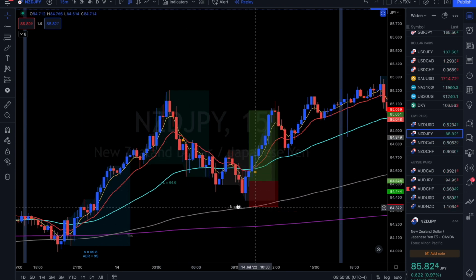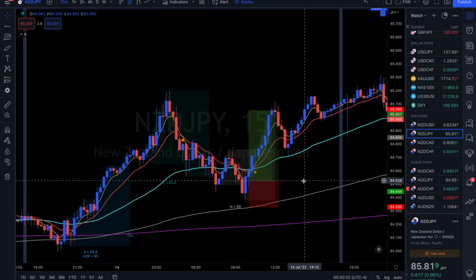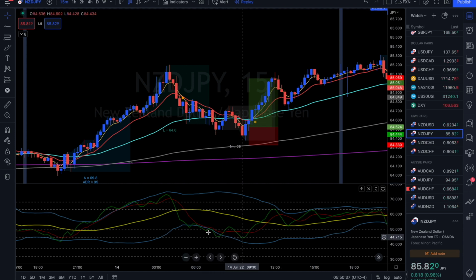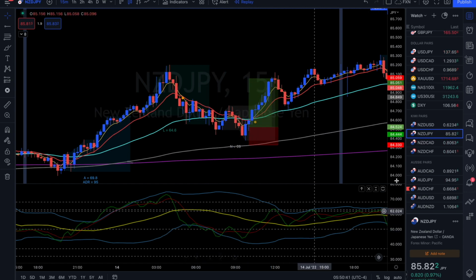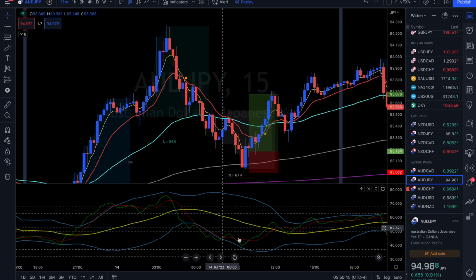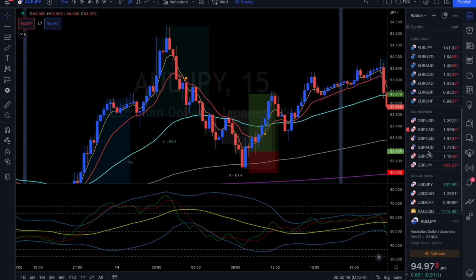Now notice how you did not have any pinning to the 200 EMA or anything like that. You did have a good pattern here, a good W pattern actually, right here on the TDI as well for confirmation. I believe you had that also here as well on the TDI on AUD JPY.